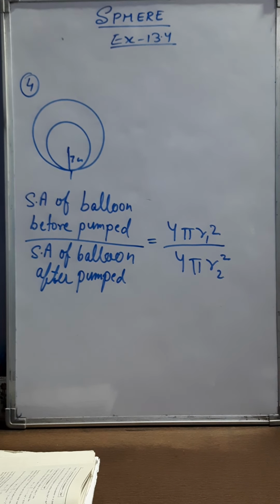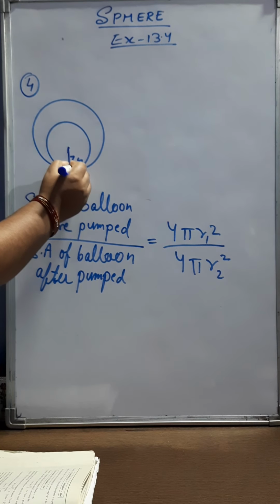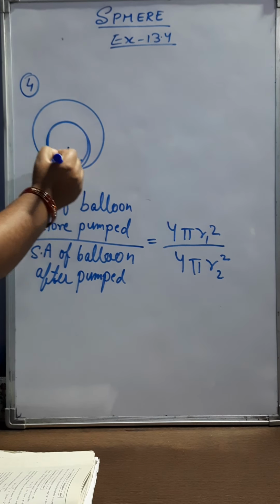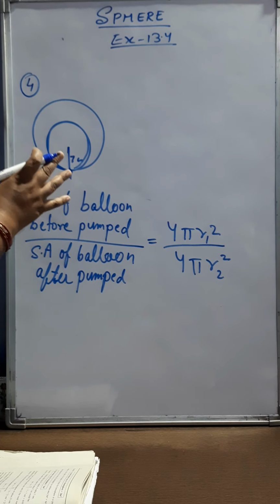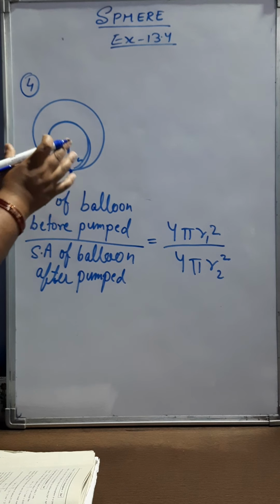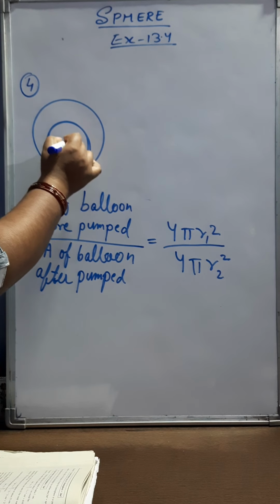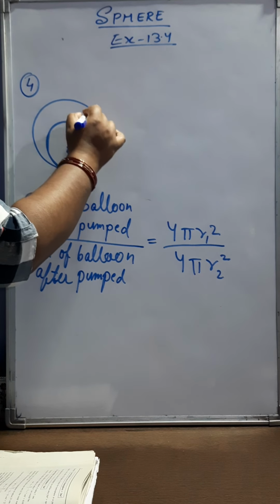Question number 4 says, the radius of a spherical balloon increases from 7 cm to 14 cm as air is being pumped into it. Find the ratio of the surface area of the balloon in these two cases. You see here, first I have made a balloon which is of radius 7 cm. Once air is being pumped, then definitely the balloon will be inflated and it will have radius 14 cm.